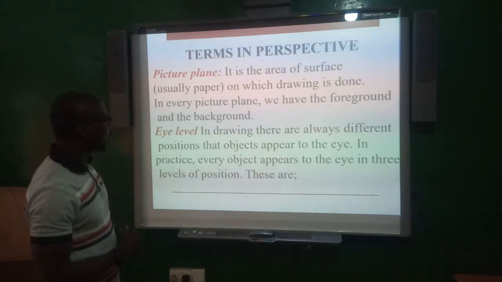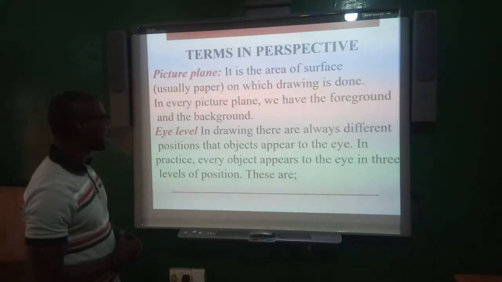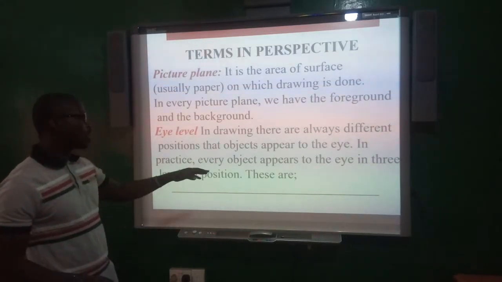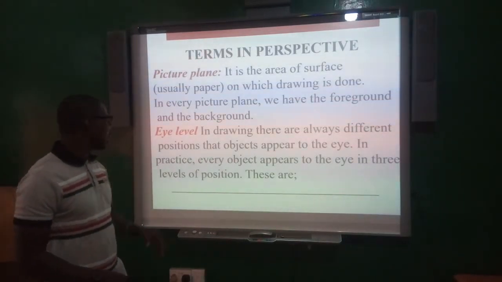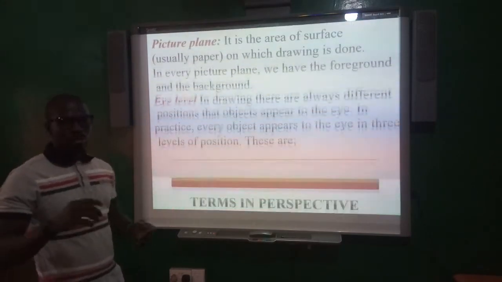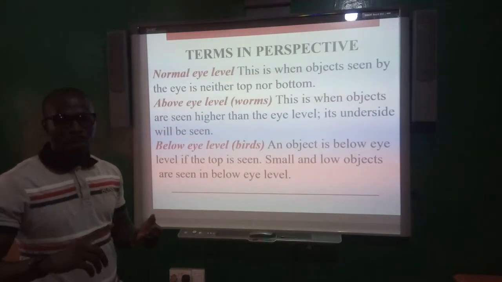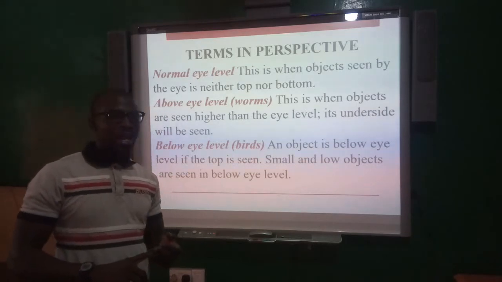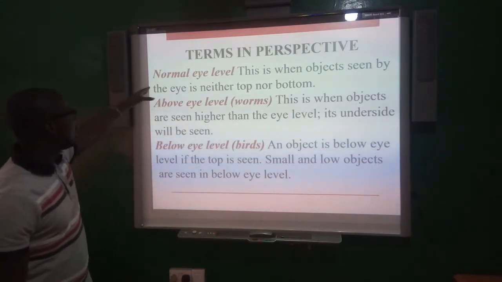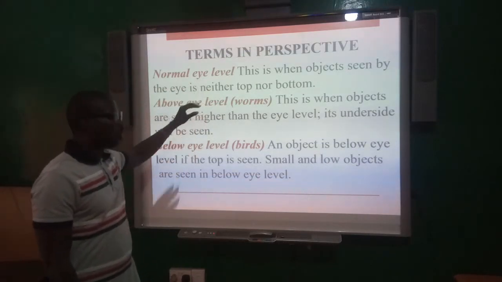We are saying that in drawing there are always different positions in which objects appear to the eye. In practice, every object appears to the eye in 3 levels of positions. We said we have below eye level, above eye level, and at eye level or normal level. The first one is normal eye level.